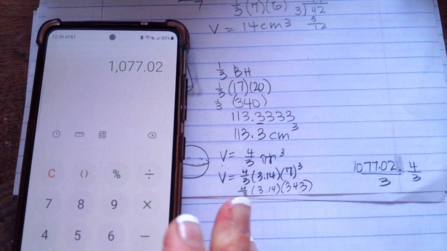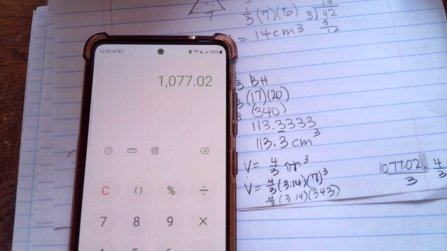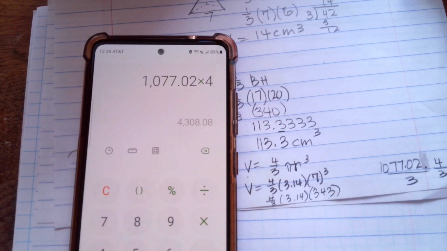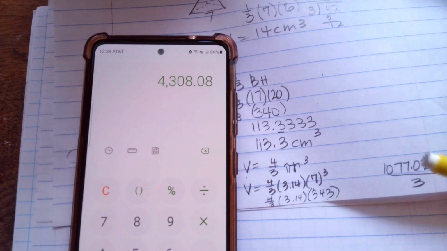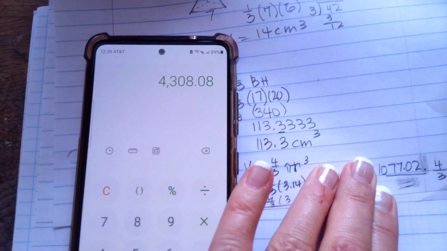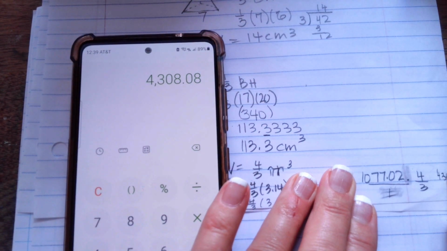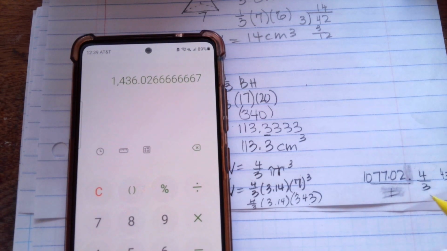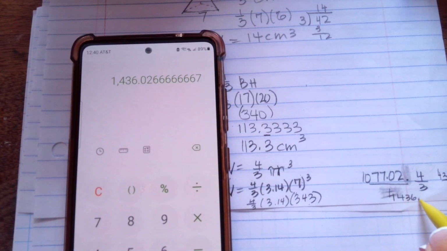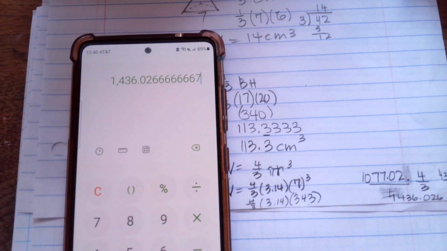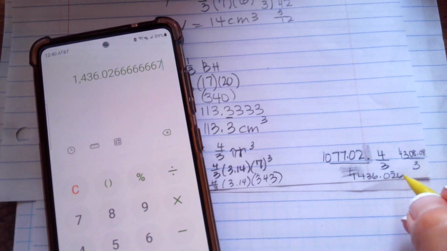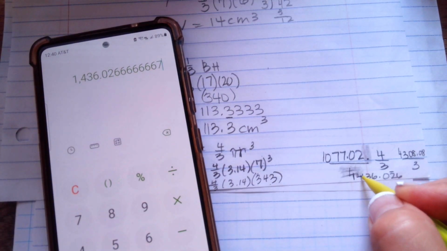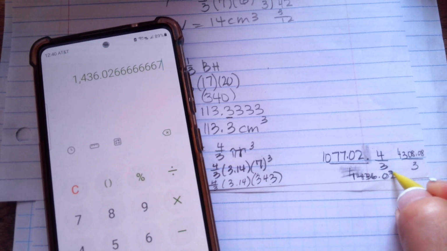So I'm just going to do 1077.02 times 4, and then we're going to say this is over 1, that is 4,308.8 divided by 3. So the answer is 1436.026, and we're going to round that to the nearest hundredths. So it's going to be 1436.03.